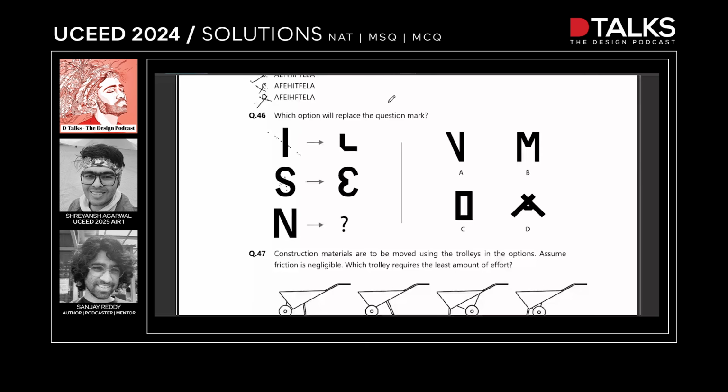Whatever the central part is, it is always being twisted. So the central part of this one will also be twisted, and it is always a little straight like this. So if you twist this, the only one that is possible among these is B. This cannot be made from it in any way. To make it, this part would have to be cut. It's not being twisted exactly, and for this part both of these parts have to be twisted, not just one. So D cannot be either.